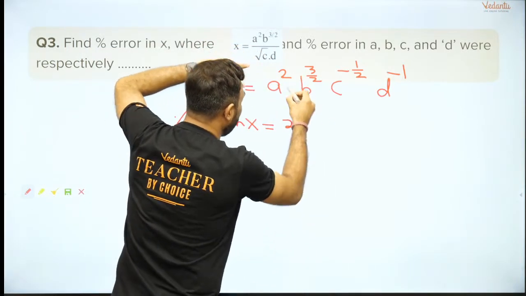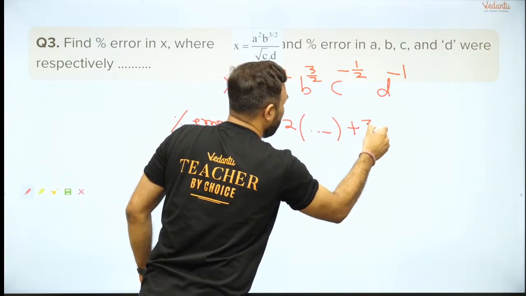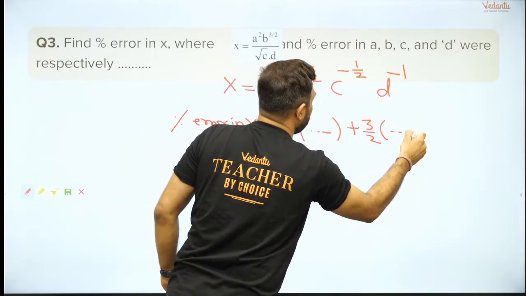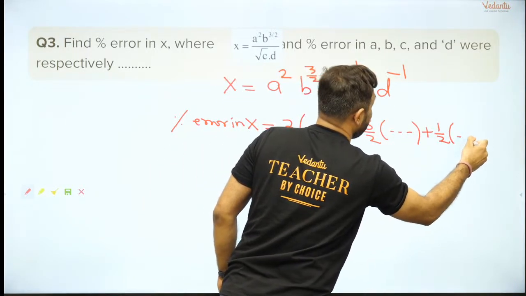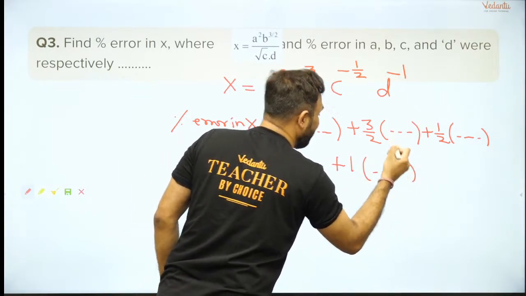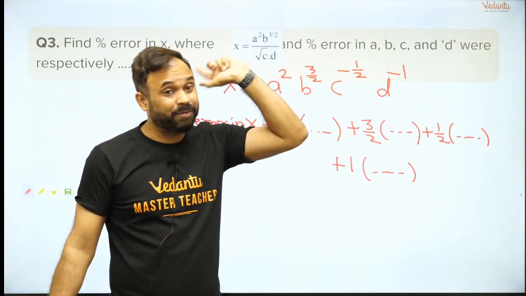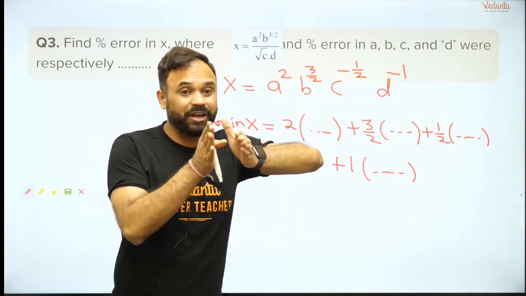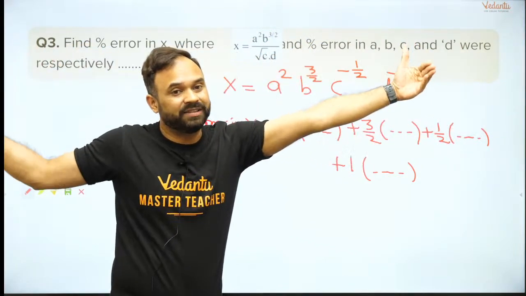So simply we can say percentage error in x is actually, you have to take the coefficients and multiply, like it is 2 times the percentage error in A, plus 3 by 2 times the percentage error in B, plus half times the percentage error in C, plus 1 times the percentage error in D.